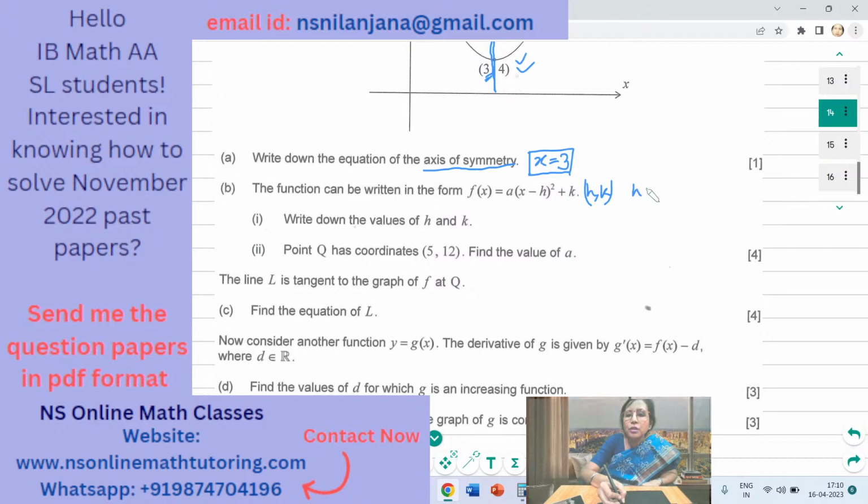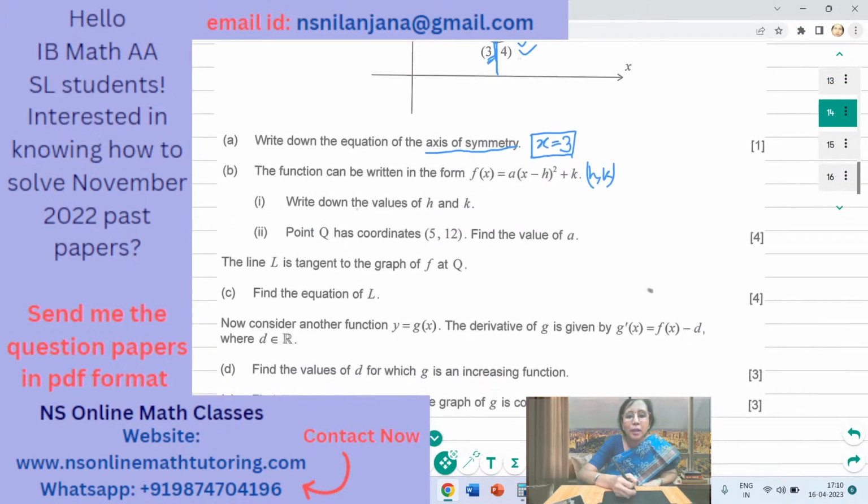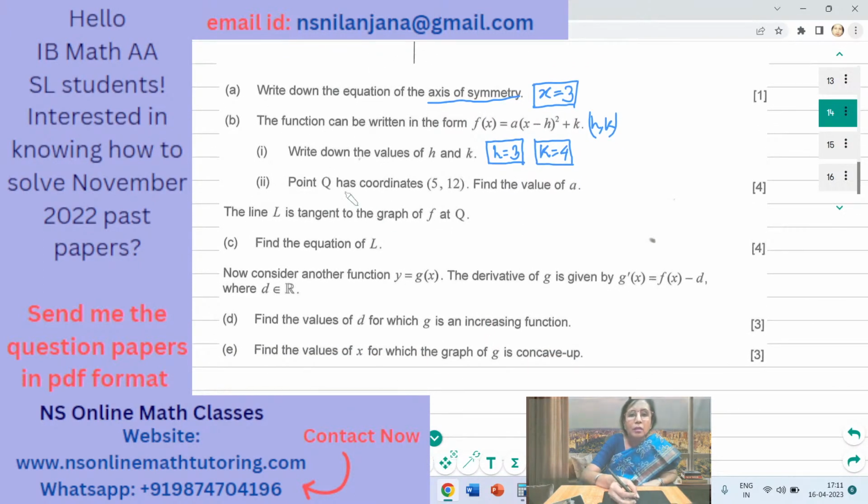There is a question asking for the h and k values, so let me give them over here. h will be the x coordinate of the vertex, which is 3, and k will be the y coordinate of the vertex, which is 4. This was subpart i of part B.